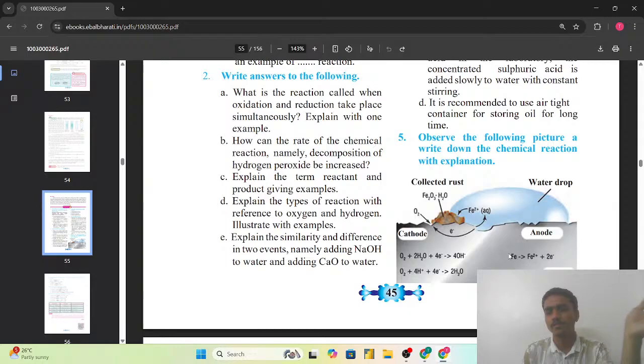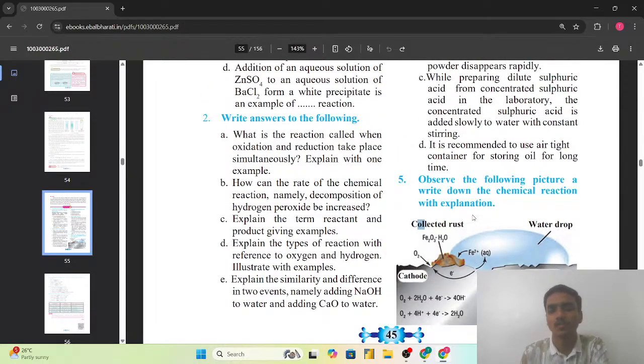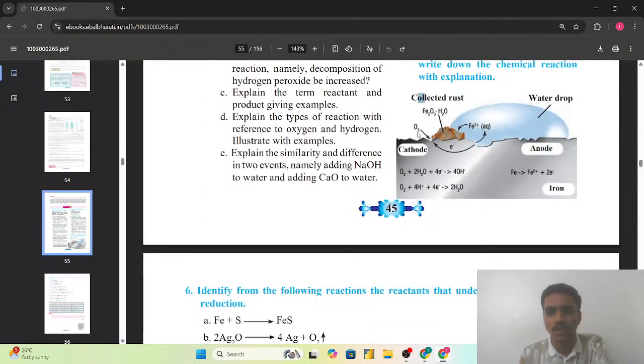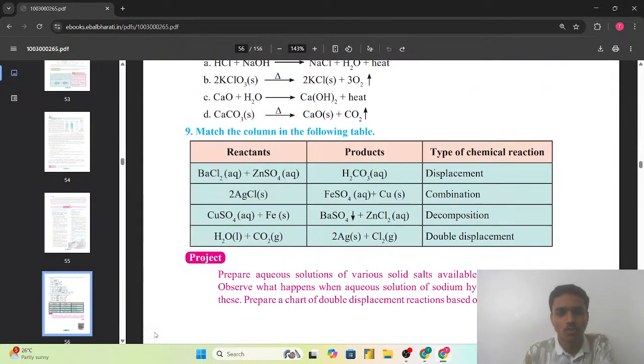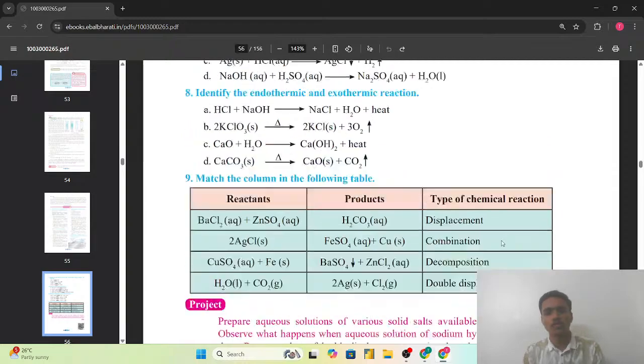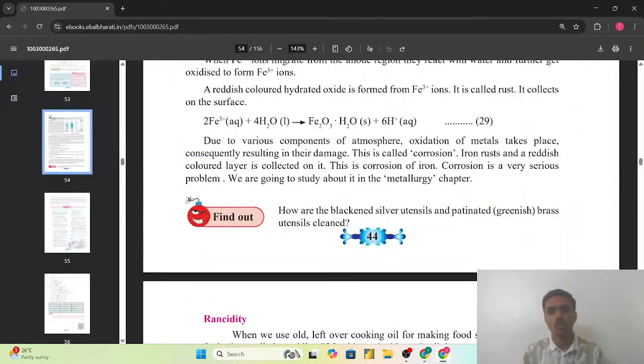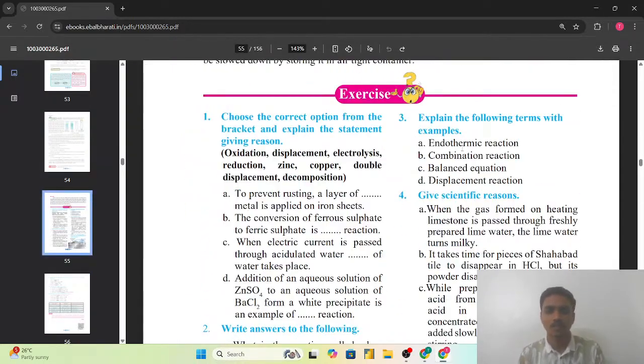Try to understand, as we have seen, the ion Fe2+ giving 2 electrons, giving Fe2O3 dot H2O molecule, that is, the rust is formed. So basically this is asked in the activity part in the exam, in the complete the following activity. So try to also find the answers to these questions. These are all the questions which you are able to answer with all the theory part which I have explained earlier.